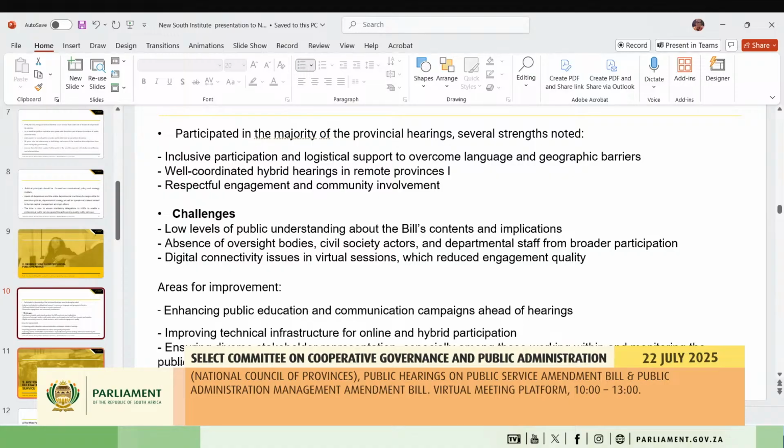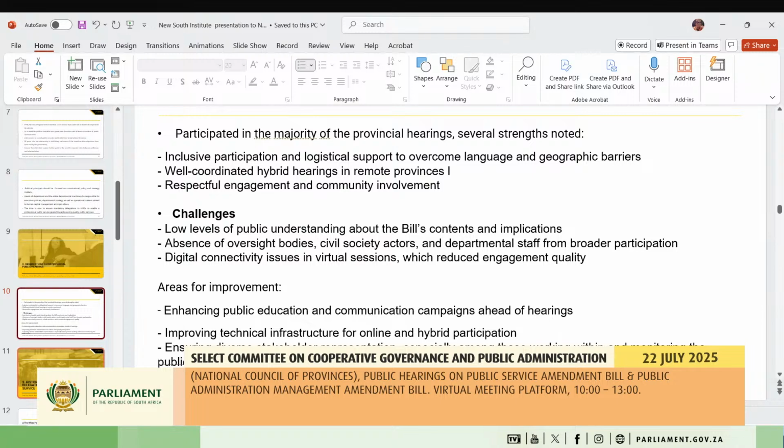Among the challenges, there were low levels of public understanding about the bill's contents and implications, especially the Public Service Amendment Bill. I think this is because the work of reforming the public sector is quite niche on its own.